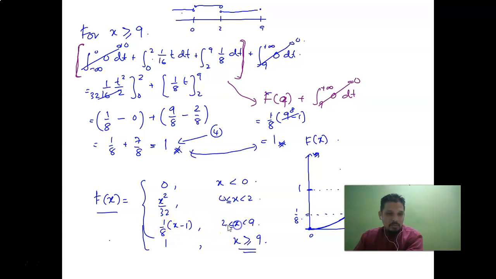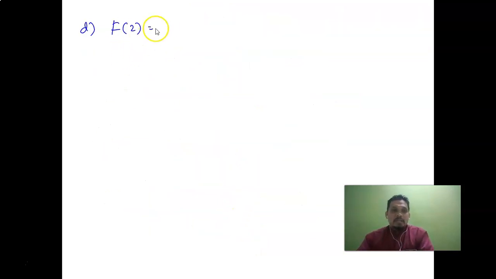So it is 1 over 8 times 2 minus 1, equal to 1 over 8. 1 over 8 is less than half, less than 0.5.